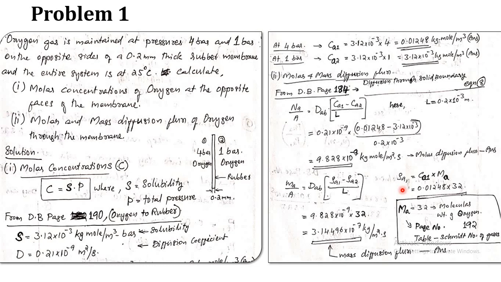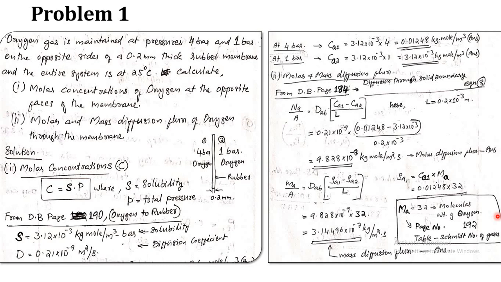Rho A1, the mass concentration, is equal to the molar concentration multiplied with the molecular weight of oxygen. Molecular weight of oxygen you can find from the data book, page number 192.